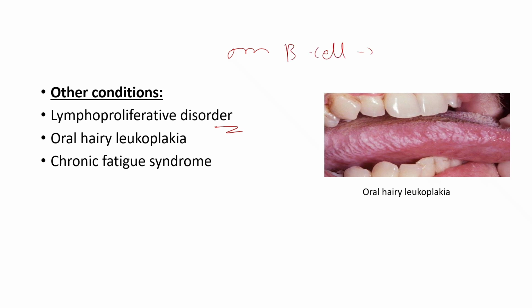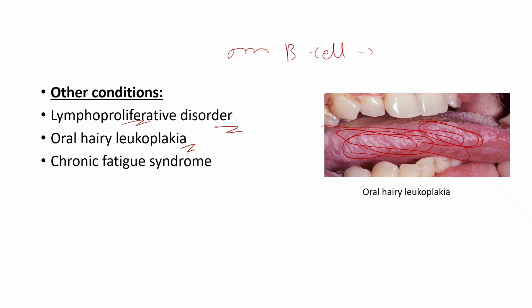There will be a high number of lymphocytes, that is B lymphocytes, in the blood. And oral hairy leukoplakia, you can see in this picture, there will be white hair-like patches on the tongue, which are non-removable.